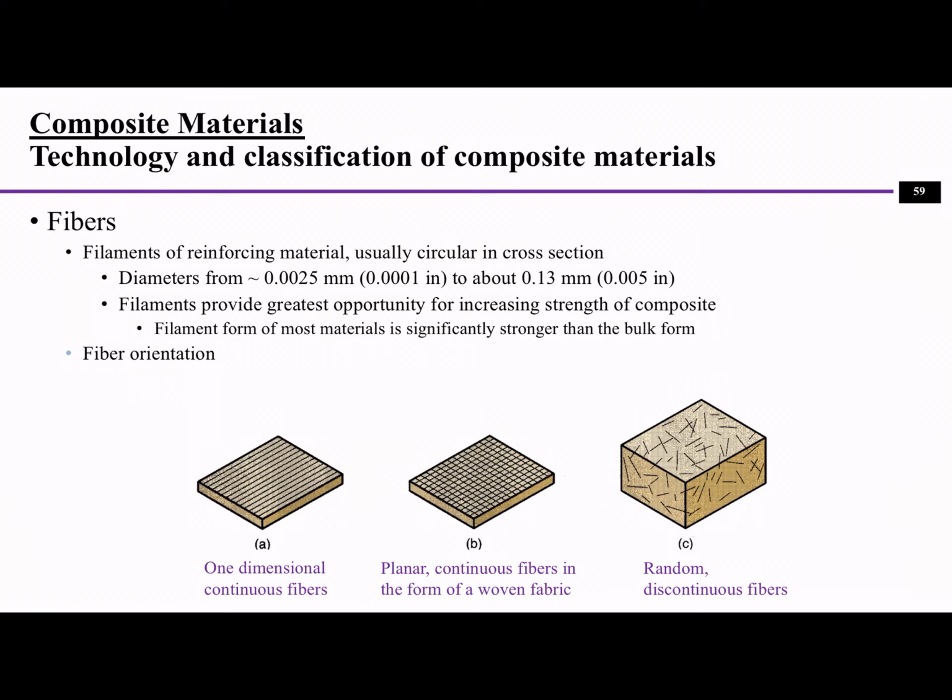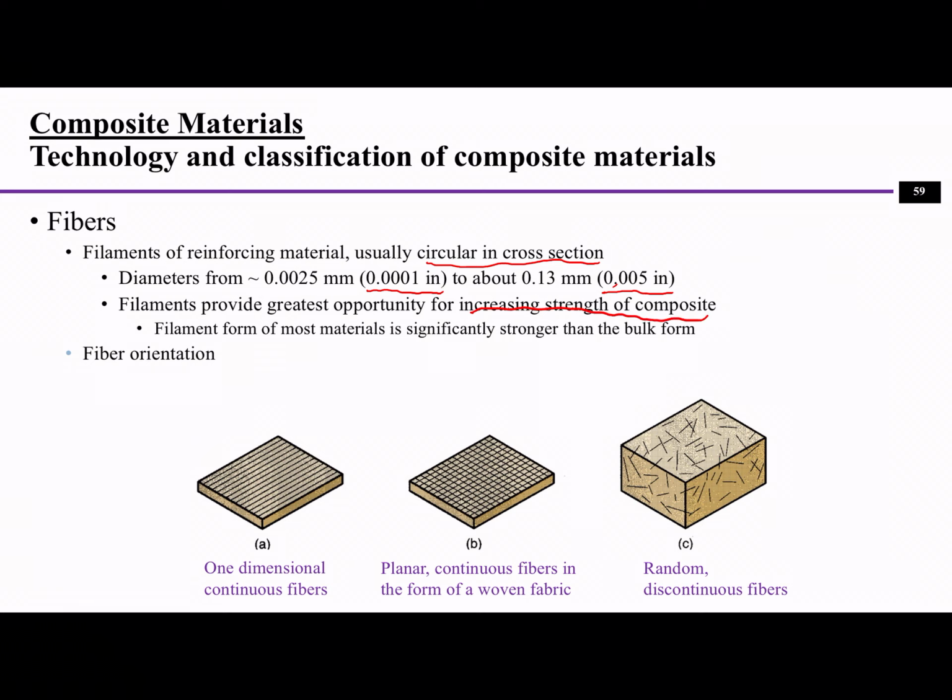For the fiber ones, the filaments are reinforcing material, usually circular in cross section, with diameters varying from 0.001 inch to 0.005 inch, so very tiny. Having those fibers or filaments can actually increase the strength of the composite.